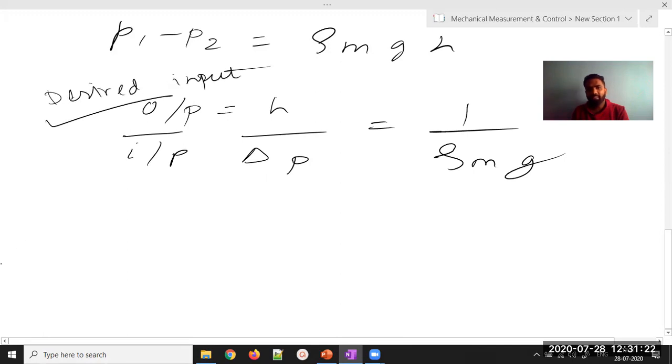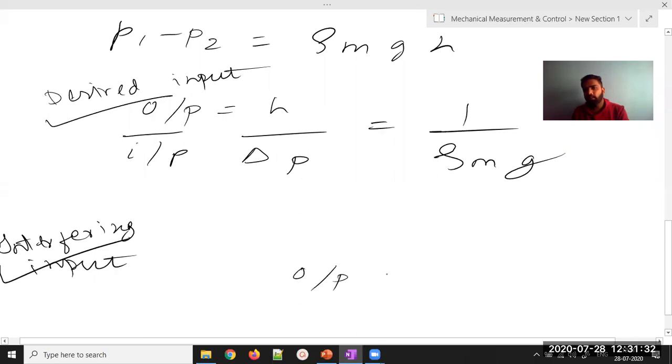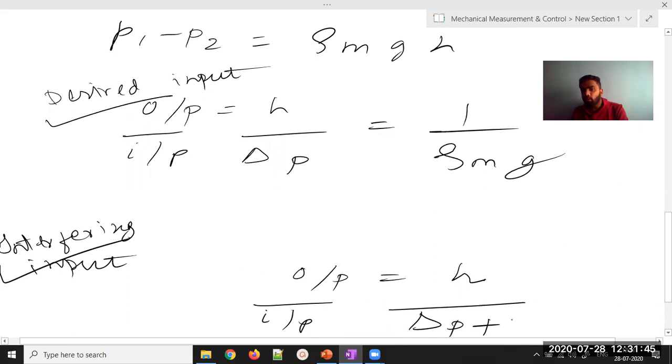Now just look at this thing. I am telling you about interfering input. In interfering input, again there is an output. What is the output that we are expecting? H. And there is an input, the input that we already know is delta P. But we know delta P also has some kind of acceleration.